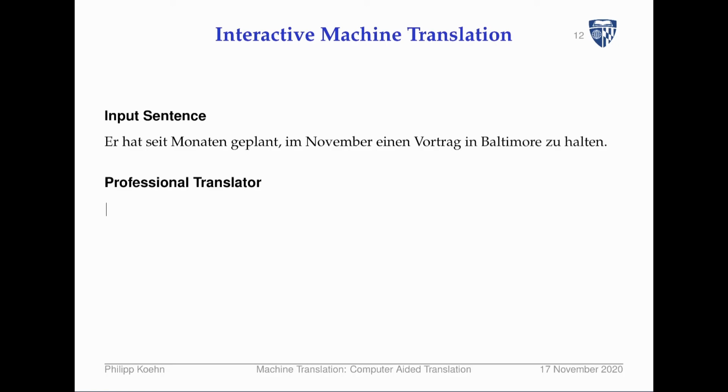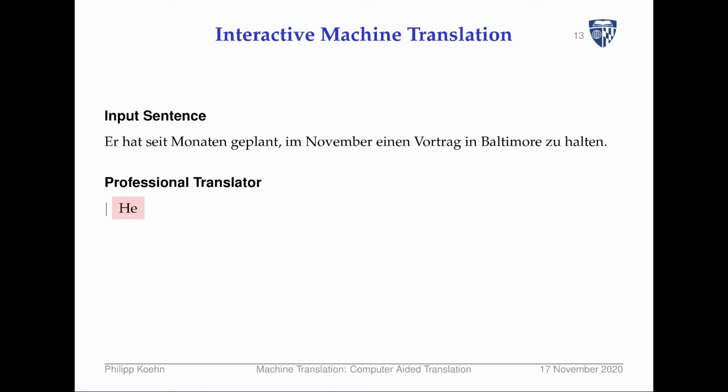So here's the idea. So this is the sentence in German. Hat seit Monaten geplant, im November einen Vortrag in Baltimore zu halten. Okay, who knows what that means? But the professional translator basically would now sit here, and here's his cursor prompt, and start translating.